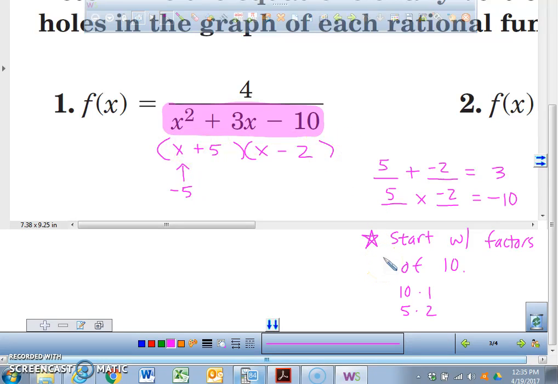It equals 0. And if I were to take the number 2 and plug that number into this denominator, that would also make that denominator equal to 0. That's how you find your vertical asymptote. Any number that makes the denominator equal to 0, you've just found your vertical asymptotes.